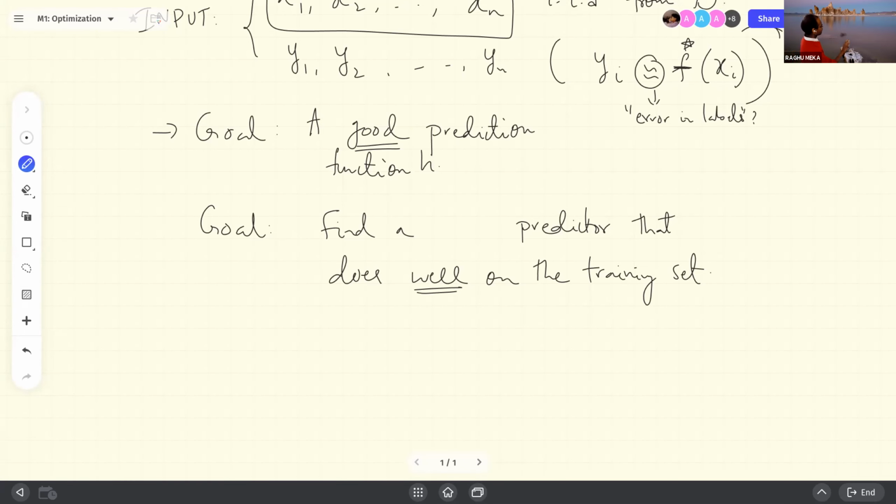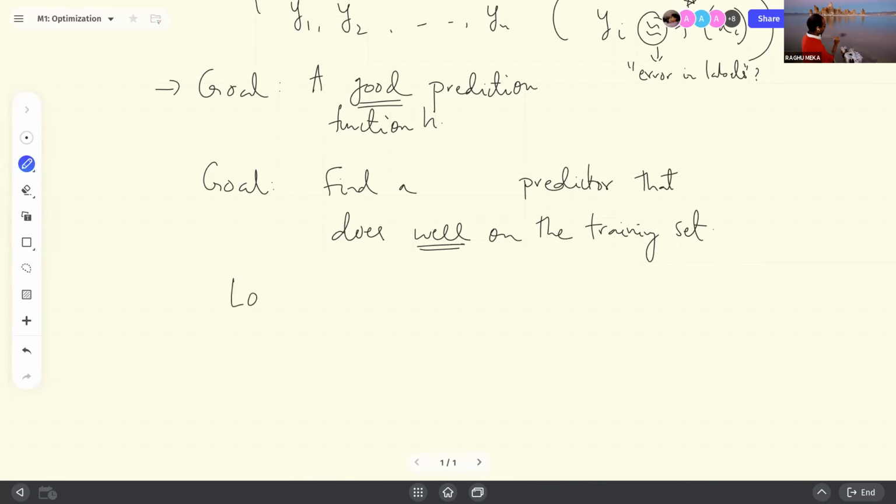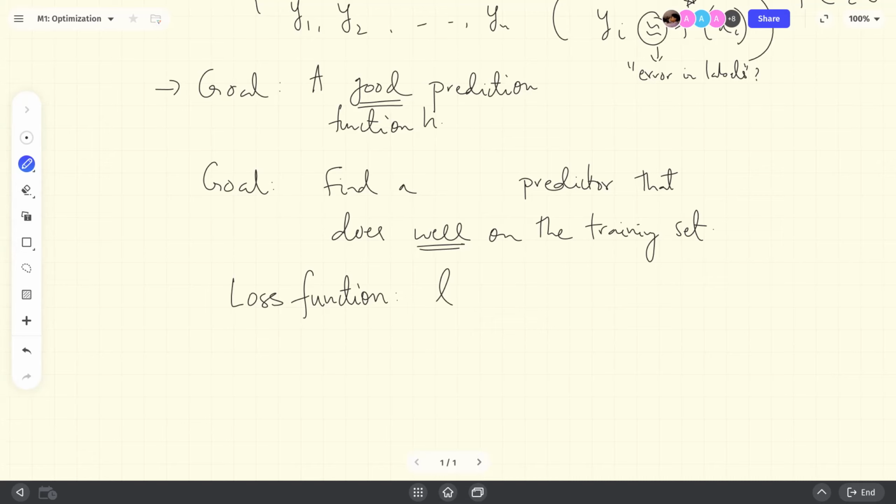Okay. So the way to quantify this is to use a loss function. So it's some function. What should its input and output be? You should think of it as a way to score your prediction. The data and its label. Definitely, but we are going to do something even more rudimentary.